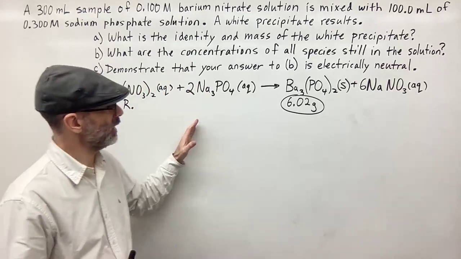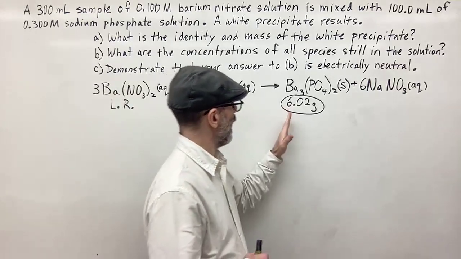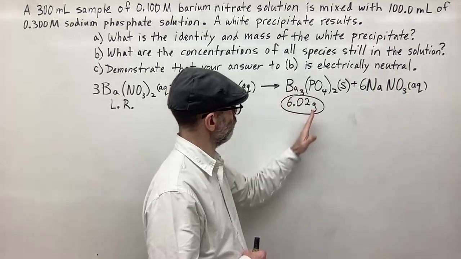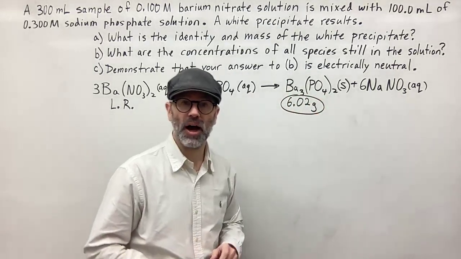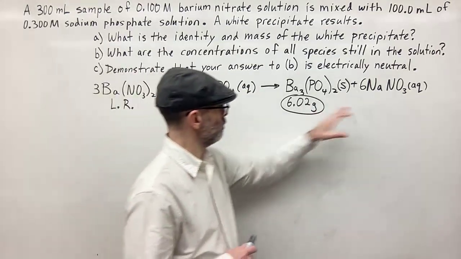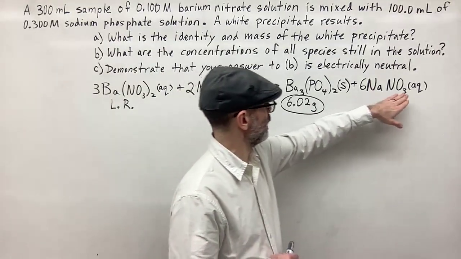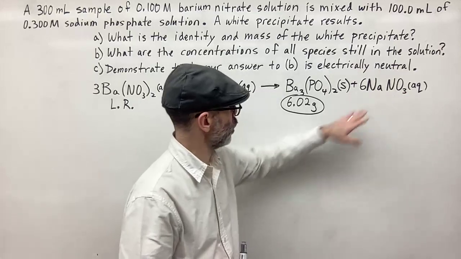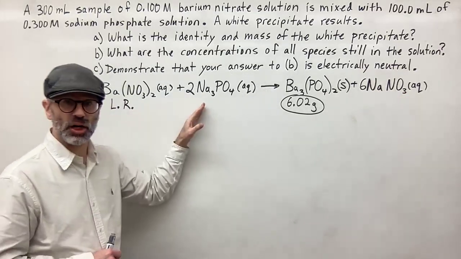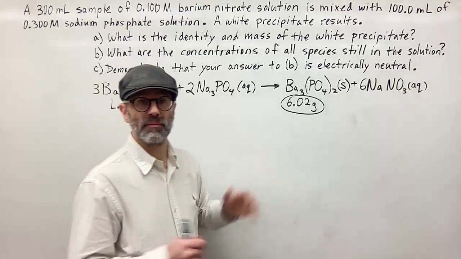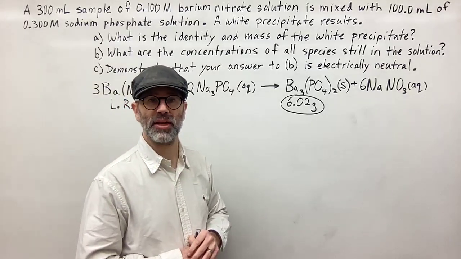before they reacted, and then what are the moles of ions involved in these products here. With the sodium and the nitrate, those aren't reacting, so whatever we have here should be the same that we started with. So that's going to be pretty easy.